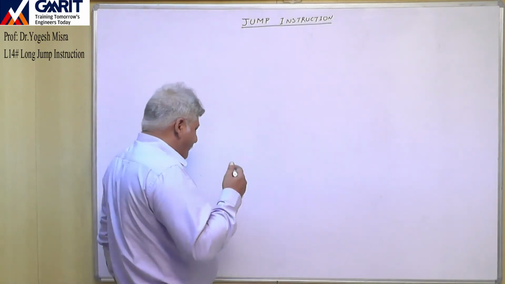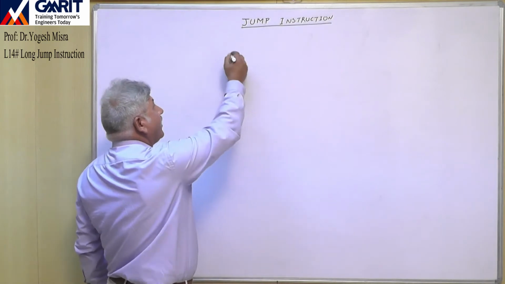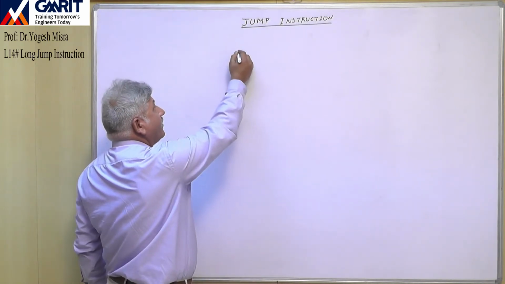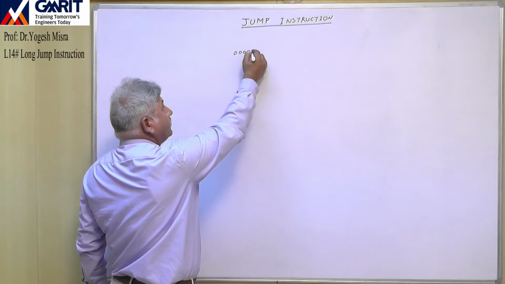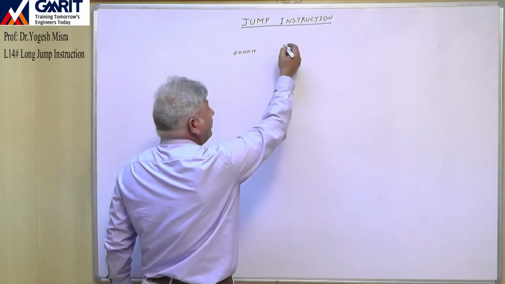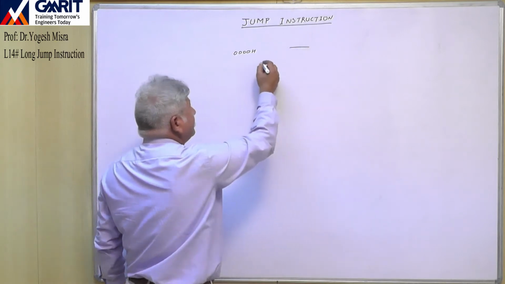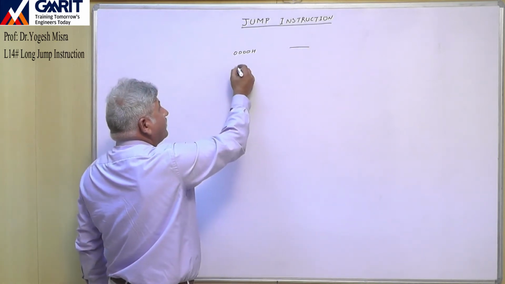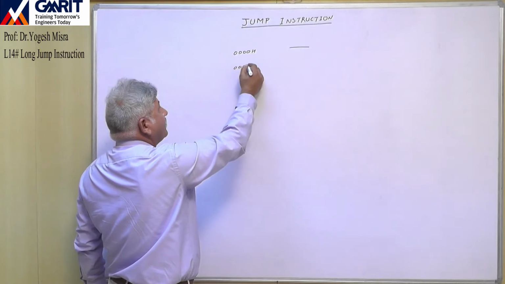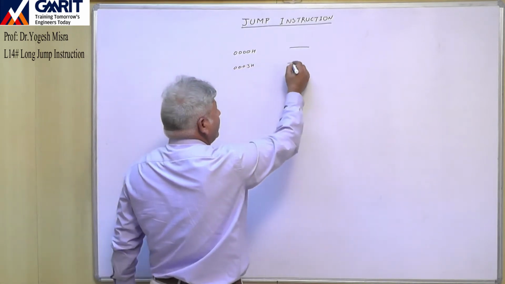Let us see one example. Suppose we have our first code at memory location 0000H. Here we have an instruction. Now at 0003H there is another instruction.